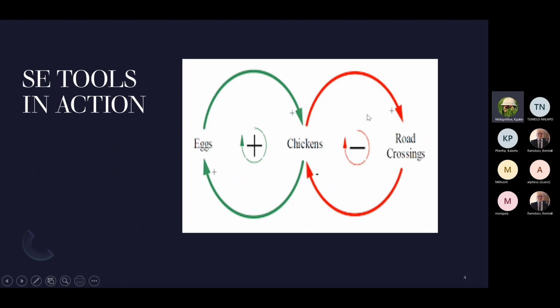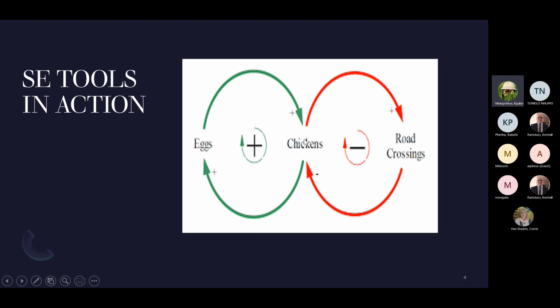But then at the same time, there's a balancing loop. You can see this one is positive, meaning it reinforces: the more chickens, the more eggs, and the more eggs, the more chickens. But then you have another parameter that we've put in there, which is road crossings. I'm sure you have heard of why did the chicken cross the road? But here, the rationale is that if you have more chickens and they are crossing the road, more chickens will probably die from being hit by a car or be snatched and eaten.